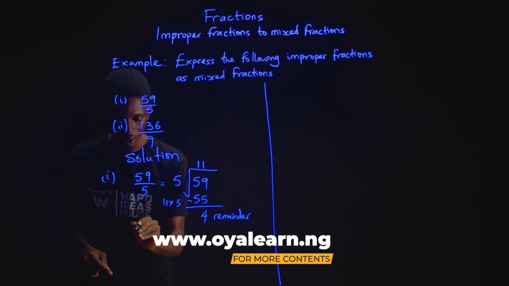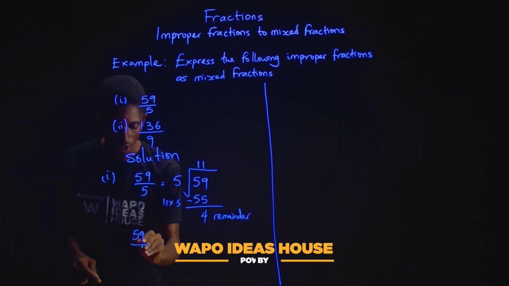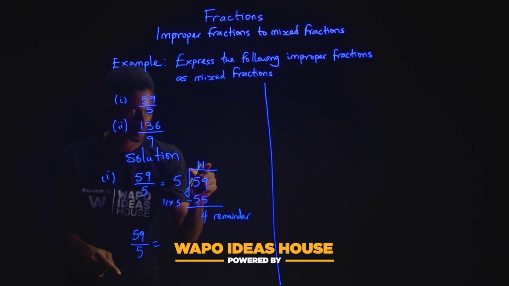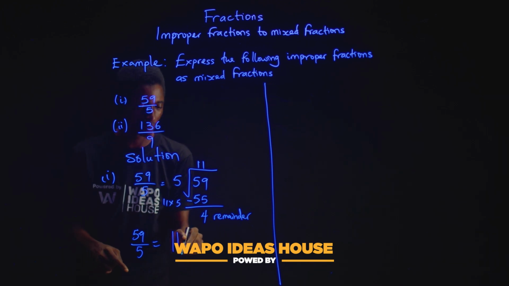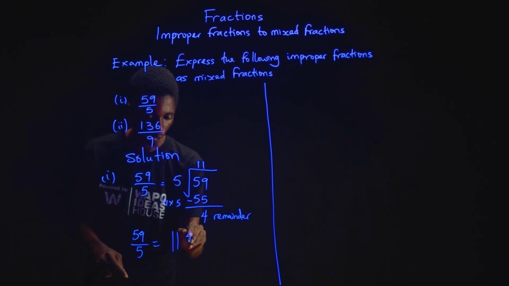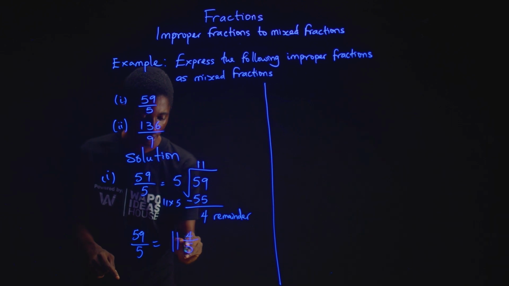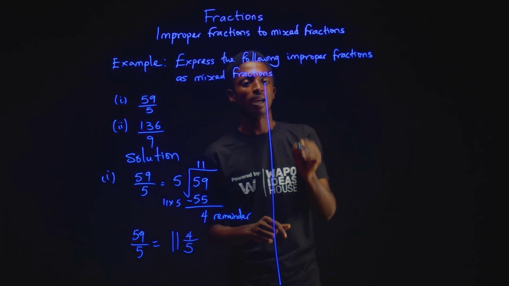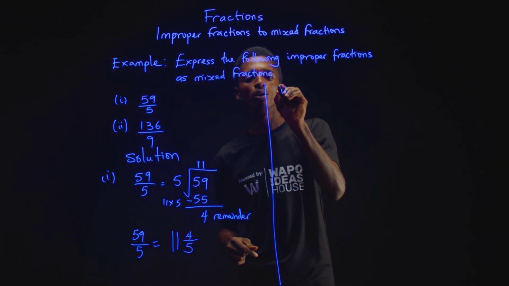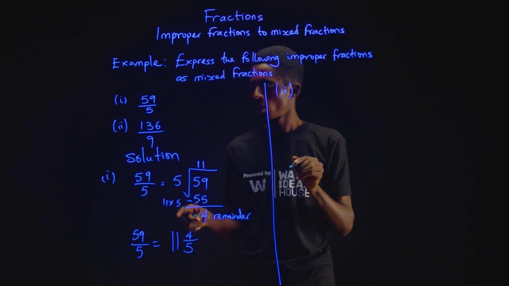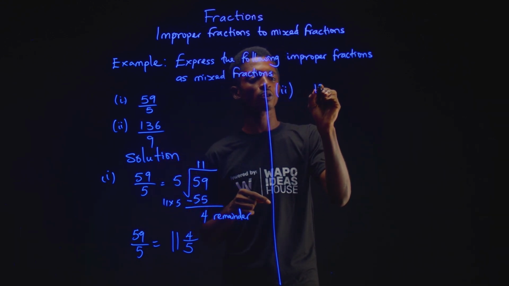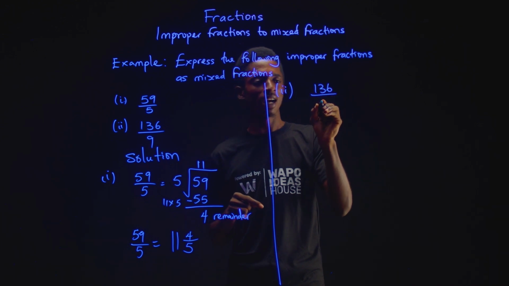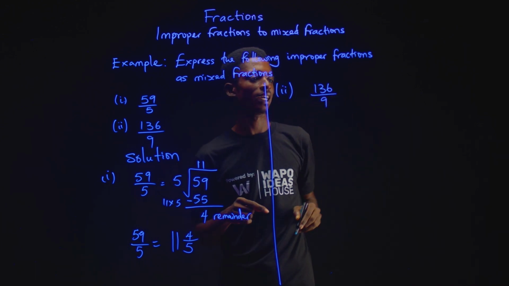Therefore, we can now say 59 over 5 equals 11 whole number 4 over 5.